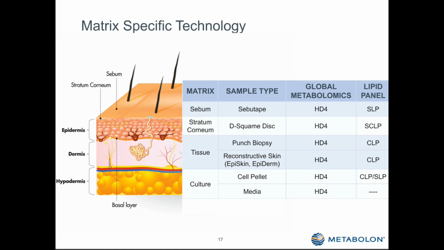For all of those matrix types, we can do the global metabolomics, and that's what we call the HD4 here, which is the 4th generation of the platform. And depending on the lipid composition of those matrix types, we also have 3 different lipid panels that you can select from to best cover those complex lipids in those matrix types.